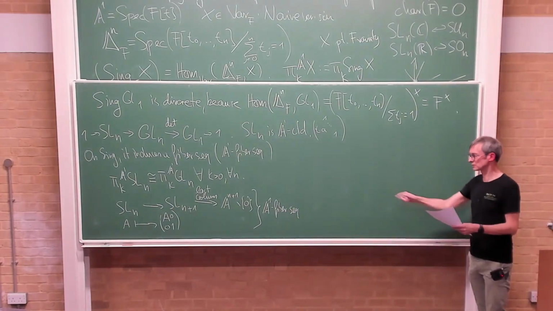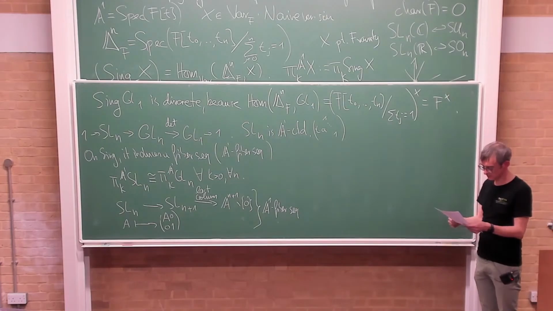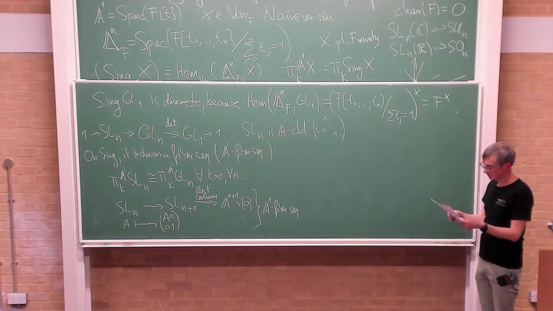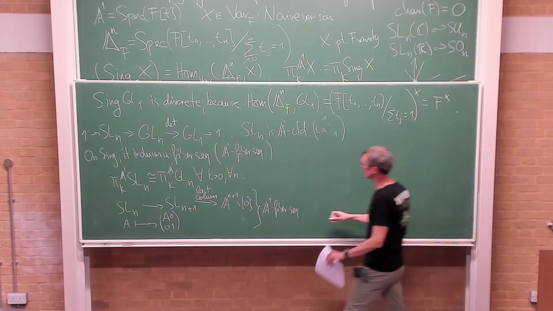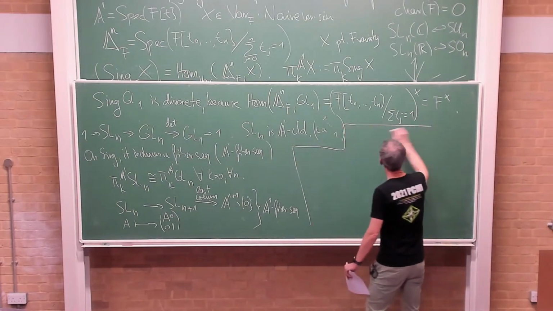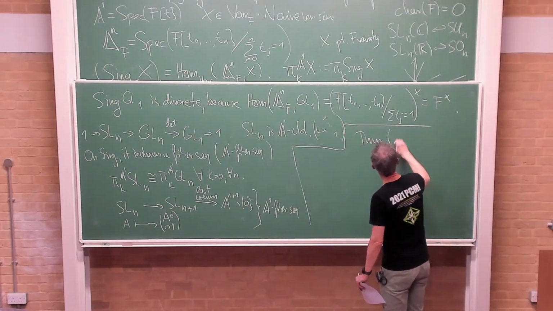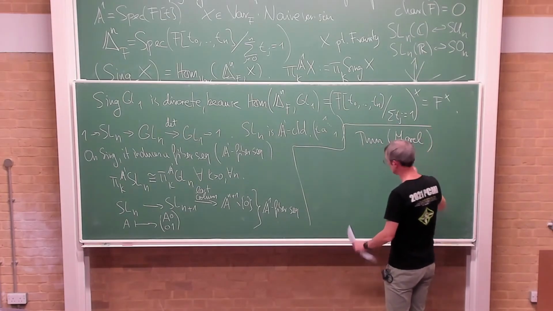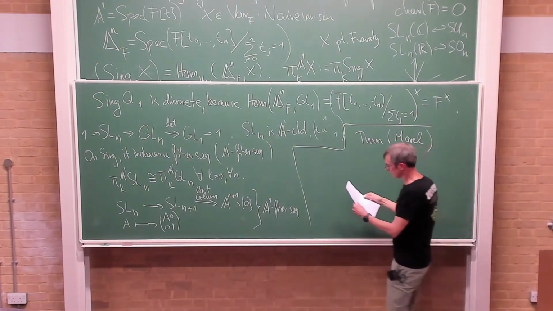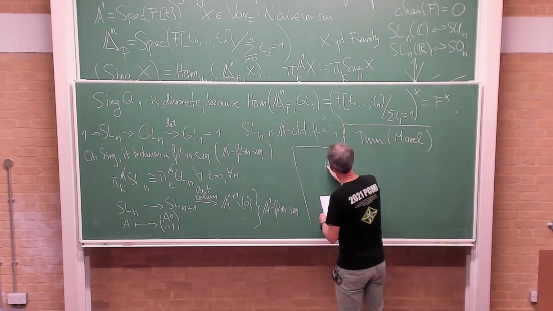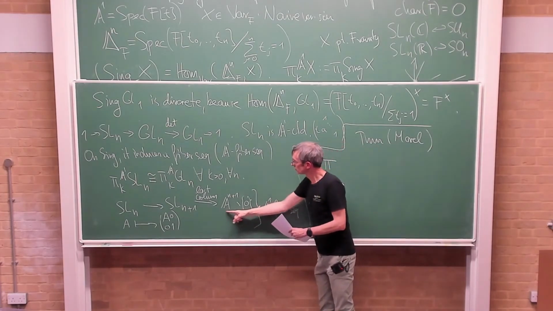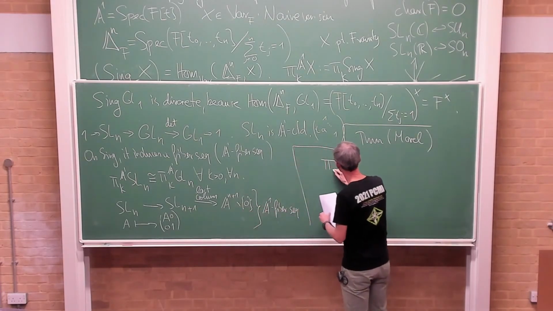Okay, there's actually a theorem behind that, but it's not so difficult. A more difficult theorem is the following, which is due to Morel. He computed the first non-trivial homotopy group here.